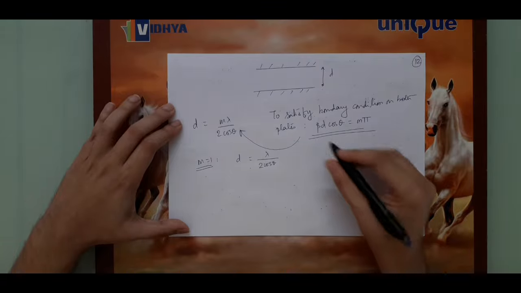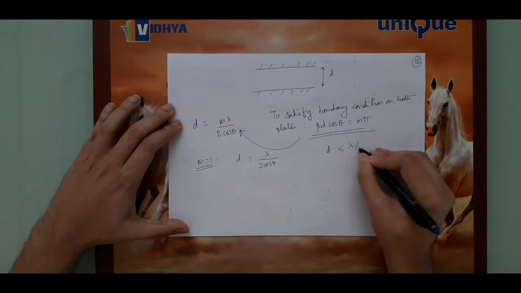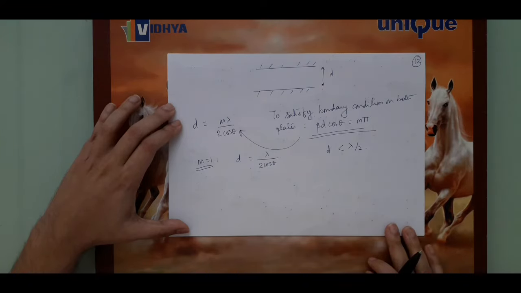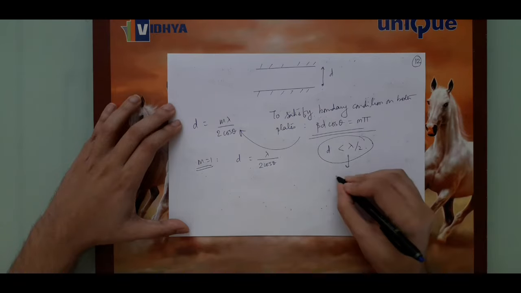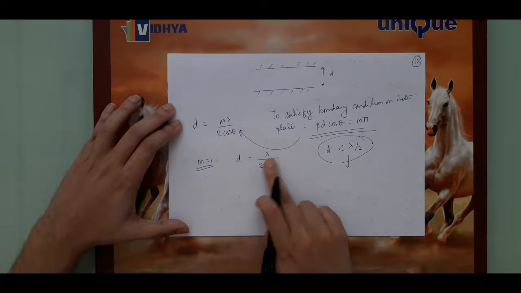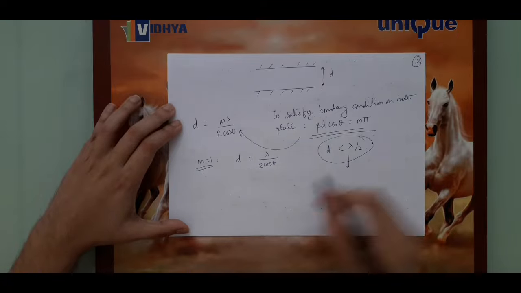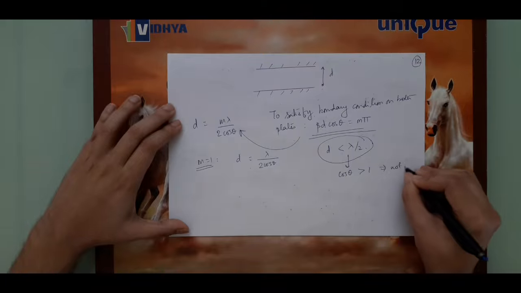Now let's say that d is less than lambda by 2. If this is the case, that means if d is less than lambda by 2, then cos theta has to be definitely more than 1, which is not possible.